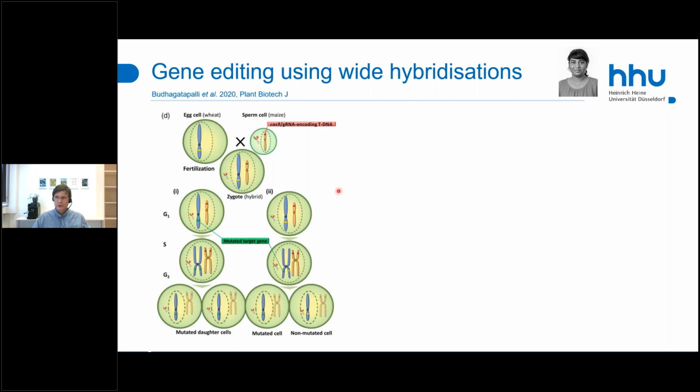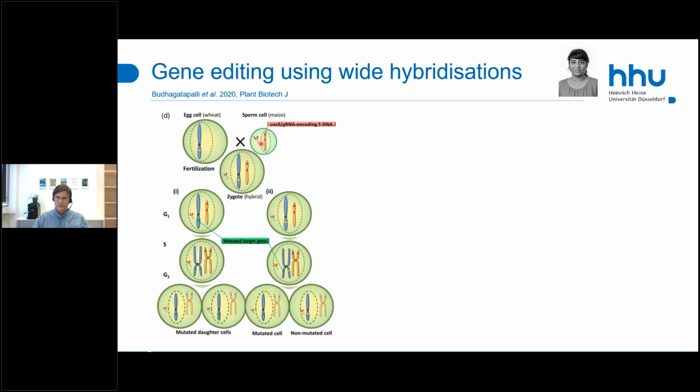And so here Nagu used wheat-maize pollination in order to induce mutations. So how does it work? She generated transgenic maize plants which harbor the Cas9 construct which is targeting a wheat gene.